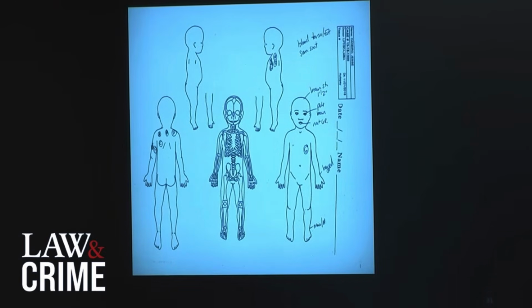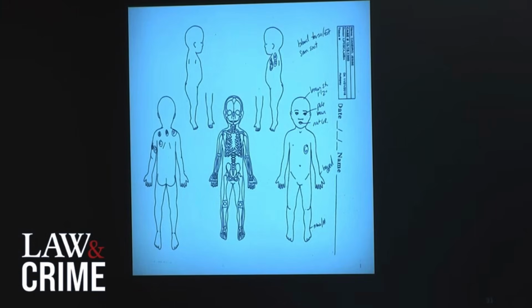Yes. Can you go over them on this diagram for us, just pointing them out, and then we'll go through each one. Okay. So starting from the left side, there's wound A, there's wound B, and then further down on the left side is wound C. On the right side, the top of the shoulder, is wound D. Then moving to the arm, there are 4 different wounds, but many of them are paired because the knife went through one side of the arm and came out the other side.